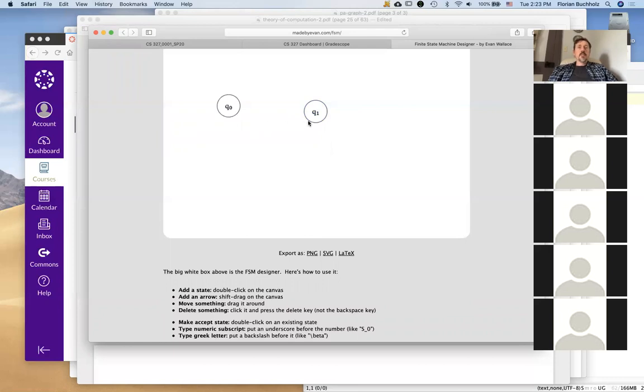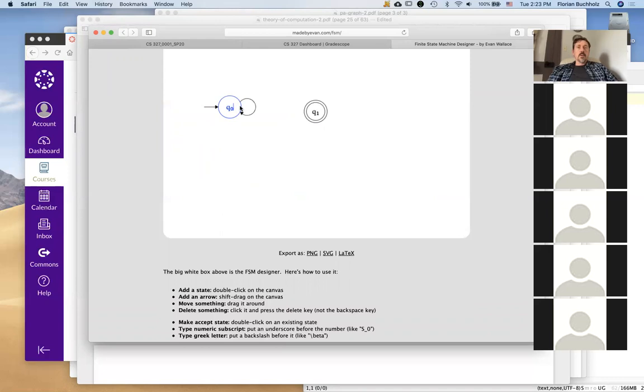If I say Q1 should be an accepting state, I just double click, and now it's an accepting state. If I draw an arrow while holding the shift key, and on my laptop that is a little bit awkward, that could be the starting state. And now if I move this whole thing, everything connected to it moves around with me.